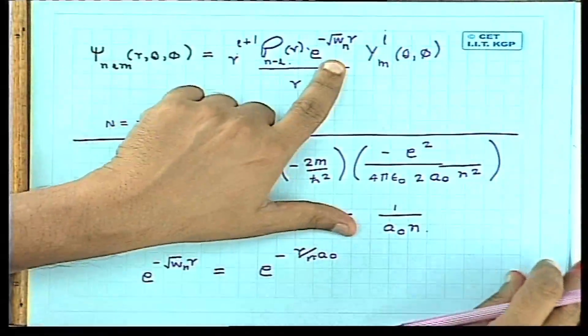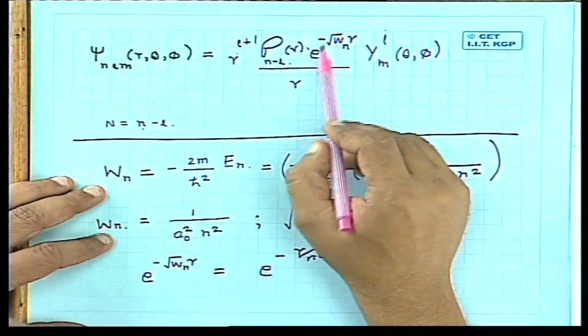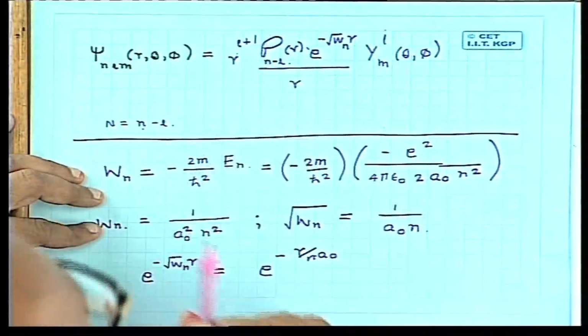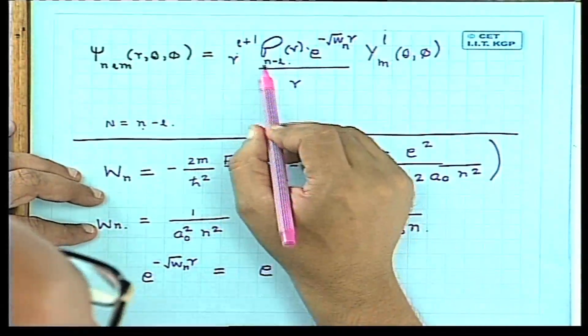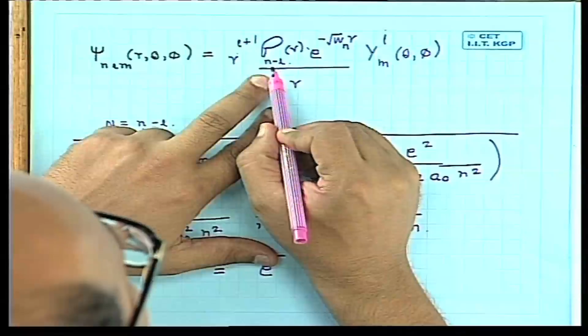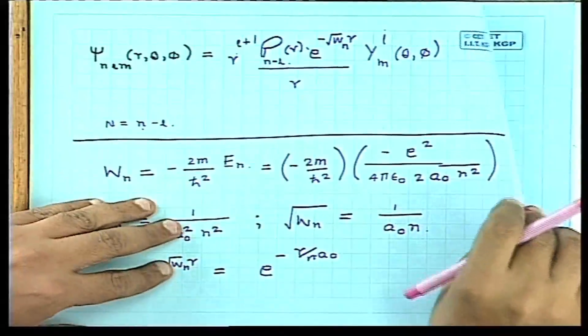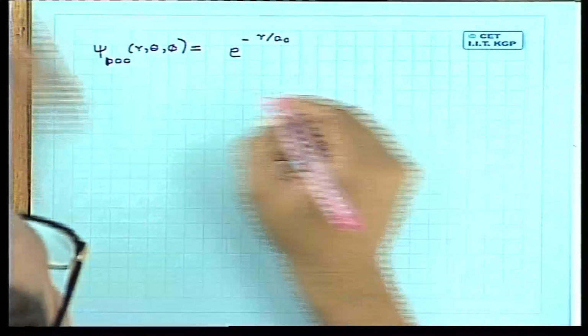So the exponential gives us e to the power minus r by a naught. The polynomial is a polynomial of order 1. No, it's n is equal to 1, capital N is equal to 1 in this case.